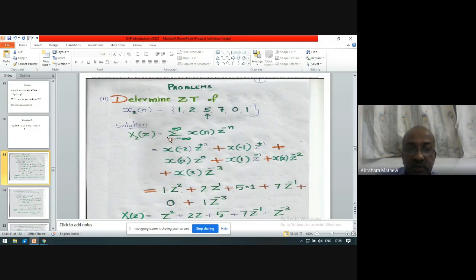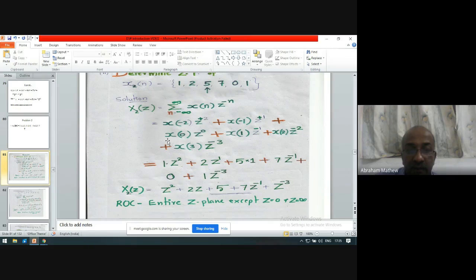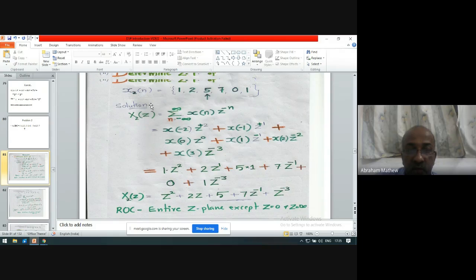So we can substitute in this equation and find out the z transform of the given problem as z square plus 2z plus 5 plus 7z power minus 1 plus z power minus 3. And we can, of course, write the ROC. Here also the entire ROC is the entire Z plane except Z is equal to 0 and Z is equal to infinity.